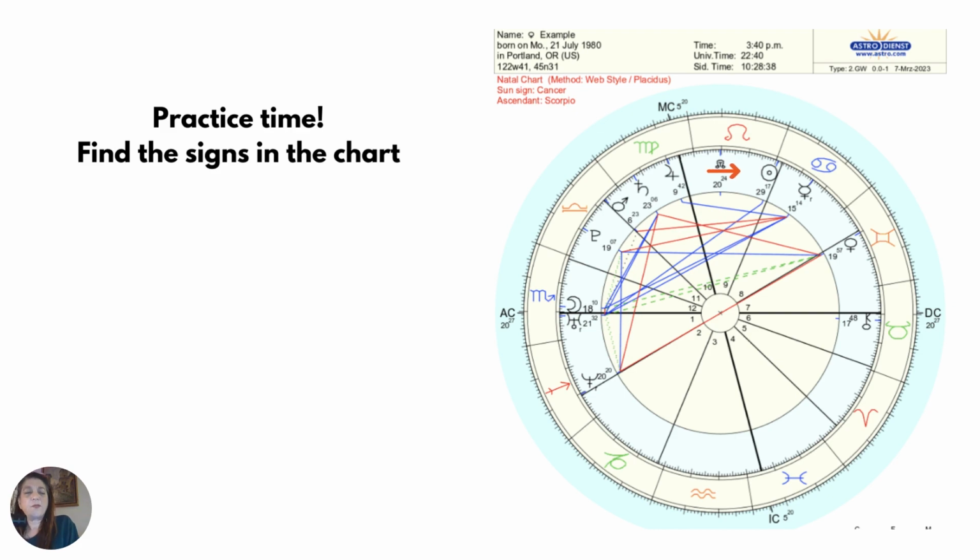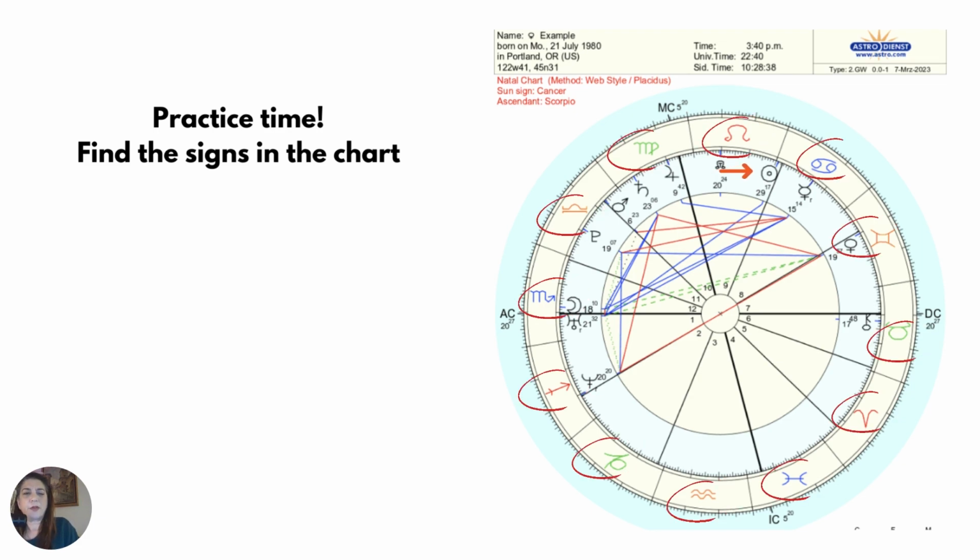So let's find all of the signs in this chart. Here we go. They're on the outside of the wheel. Look at all those circles. So when I'm talking about the transiting moon and I say it's in Aries, you'd look for where Aries is in your chart. And you'll notice that at the outside of the chart where the signs are, there are these bold lines.